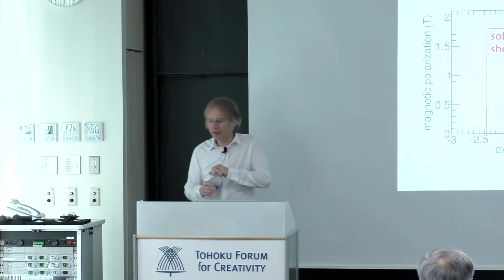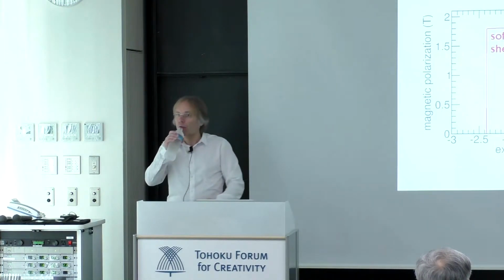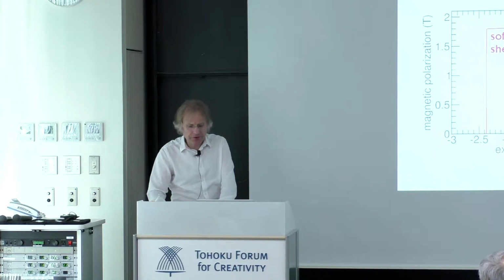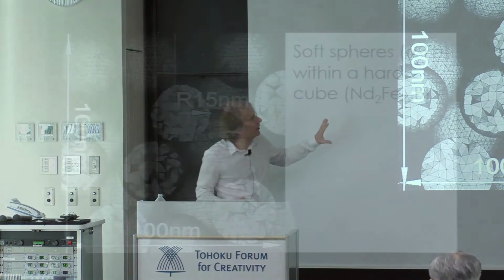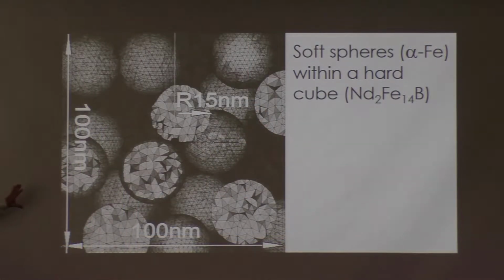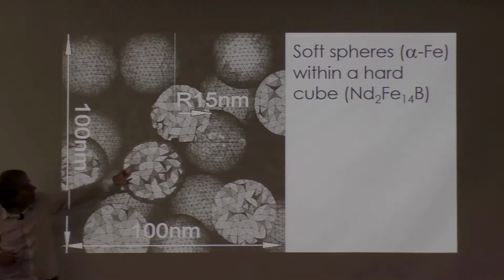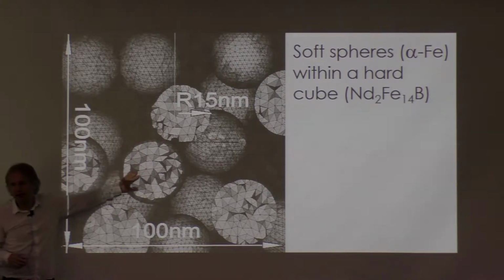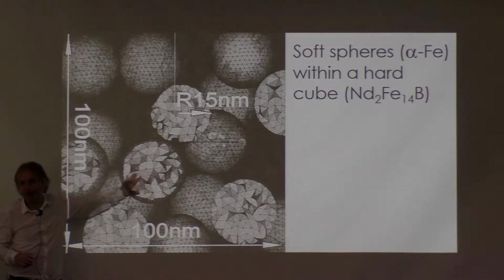So based on these considerations, we looked into a design where we embed soft magnetic spheres within a hard magnetic matrix. So we have a hard magnetic cube of neodymium iron boron, and in this cube we place spheres of alpha iron.